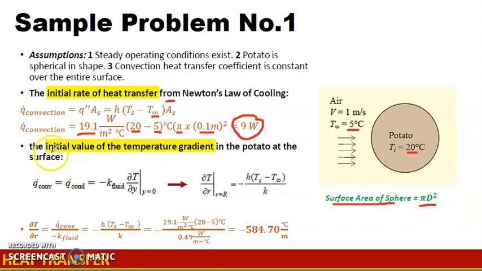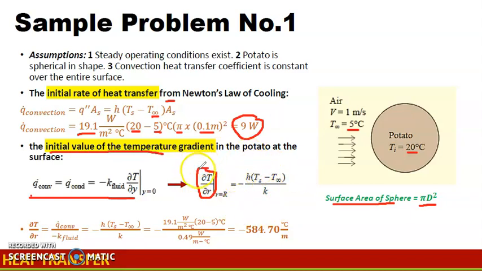Another question is to find the value of the initial temperature gradient. So the temperature gradient is this one, which we discussed earlier. If you're familiar with this equation, the temperature gradient can be derived from it by transforming this equation to this one, which was already derived a while ago.